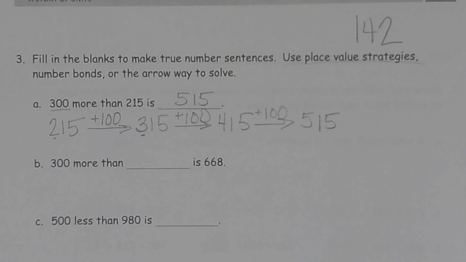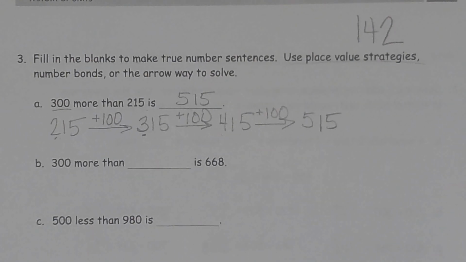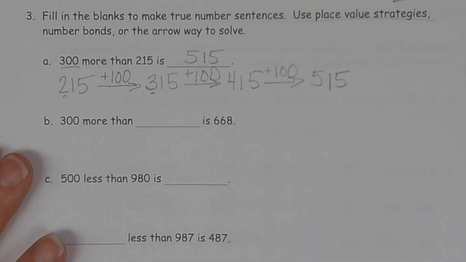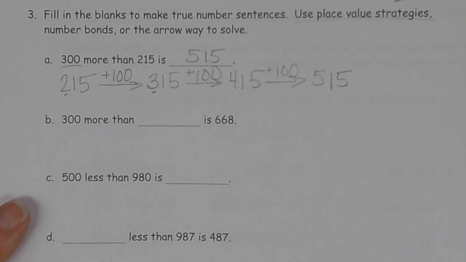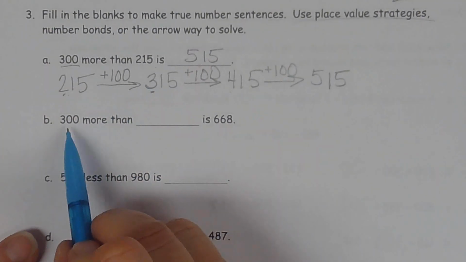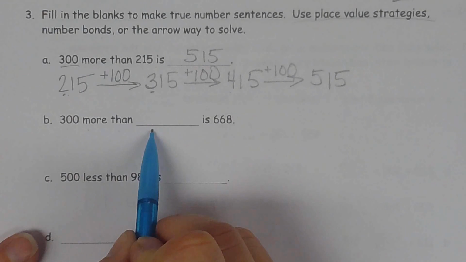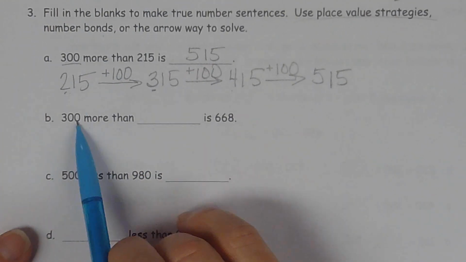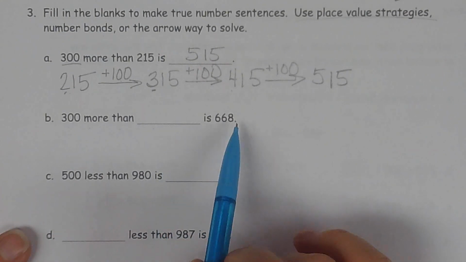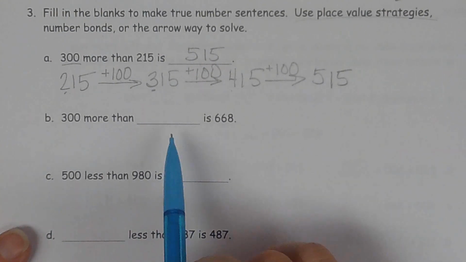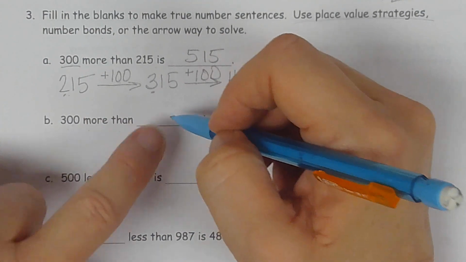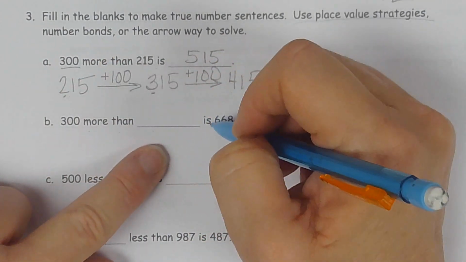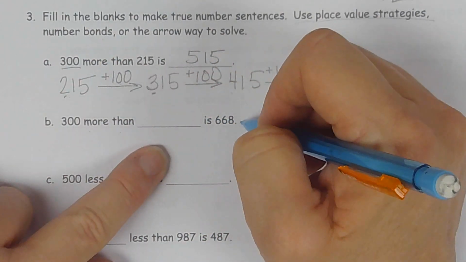All right. The next one, I'm going to use a number bond. So again, pause the video and come back and check and see if you did it the same way I did. So 300 more than something. Oh, no, I'm not. I'm going to use the arrow way for sure. 300 more than something is 668. 300 more than this number is 668.